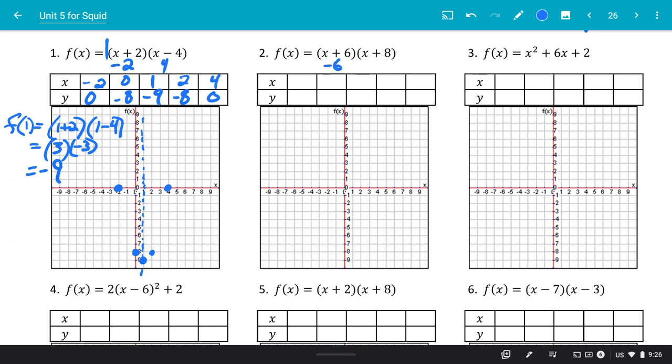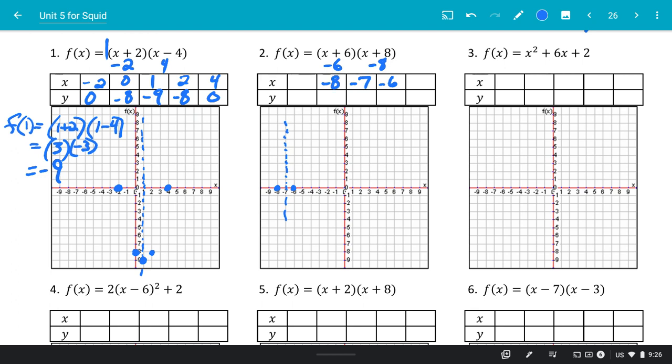My intercepts are -6 and -8. So -6 and -8. The exact middle of that would be -7. I'm going to move these over because I can see them really close.